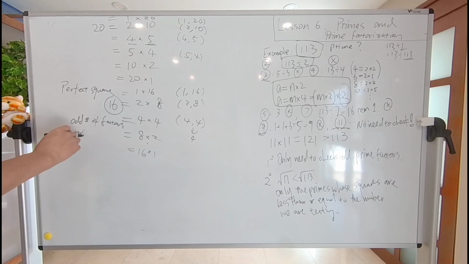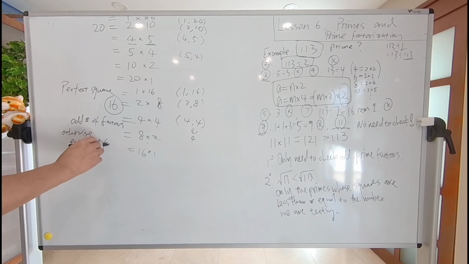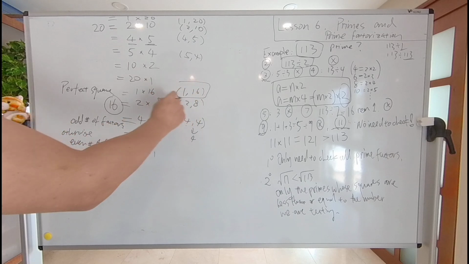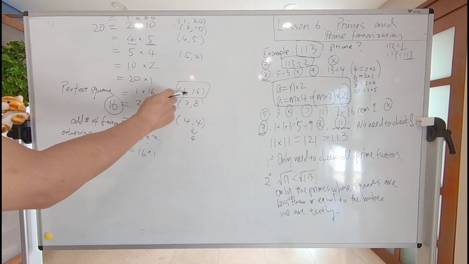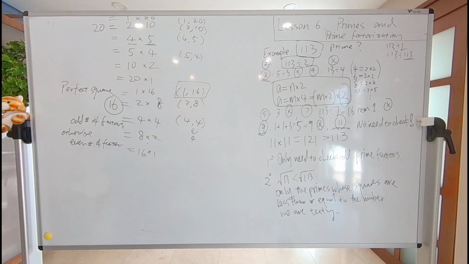And otherwise, if you are not a perfect square, you always have an even number of factors. Even if you are a prime number, you will still have one pair of factors, which is 1 and yourself. So this is a very interesting conclusion that is good to know and might help you in solving some of the questions.